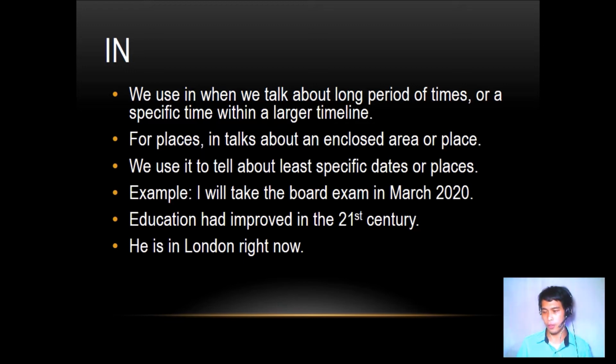For example, he is in London right now. London is inside a much bigger place or continent. That's why we use the word in when talking about London: in Switzerland, in USA, in the Philippines, in Vietnam, in China. So that is where we're going to use the word in.